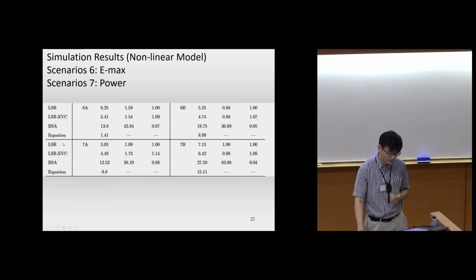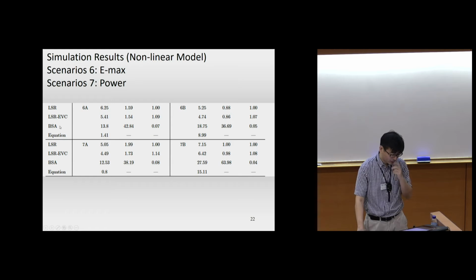In this case, with the eigenvalue constraint, we still do better, even under model misspecification. This is something I probably need to spend more time thinking about, what's behind it. But it doesn't change the general message that applying the eigenvalue constraint will improve the efficiency.